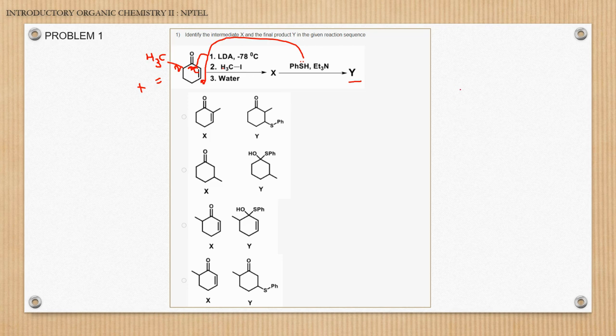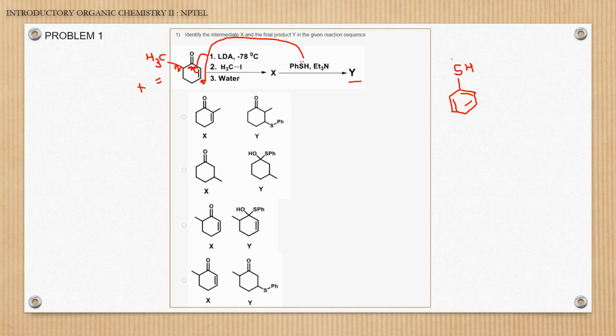What do you think? Nucleophilic attack at the beta position. Okay. So it will attack the beta position, that is the C4 attack.